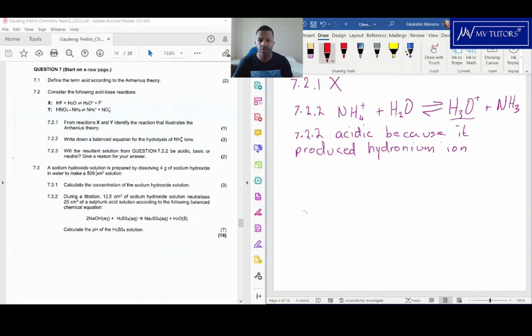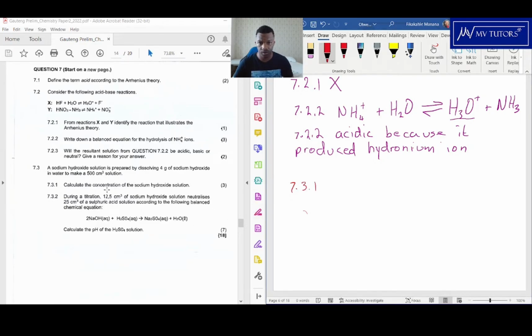A sodium hydroxide solution is prepared by dissolving 4 grams of sodium hydroxide in water to make a 500 centimeter cube solution. Calculate the concentration of sodium hydroxide. So what do we know? Always start with what you know.